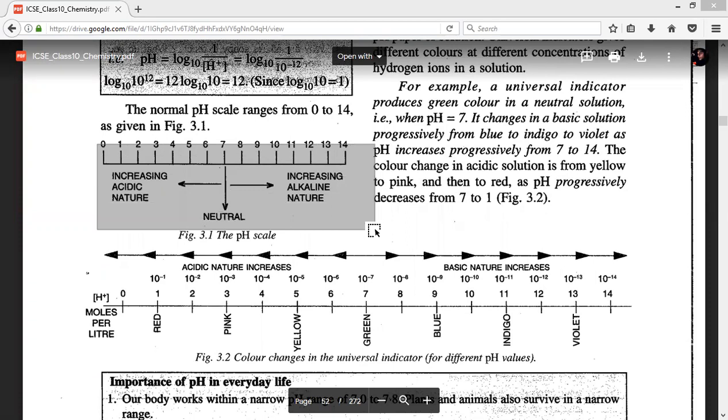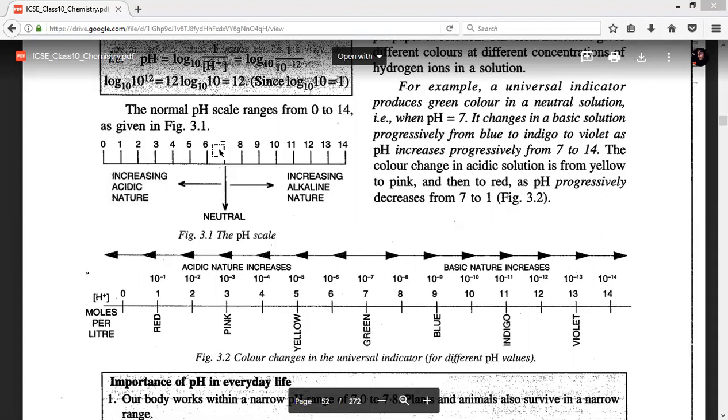Before 7 it will be the acidic nature. After 7 it will be the alkaline nature. It means 7 is the margin point. As we move from 7 to 1, the acidity will increase.